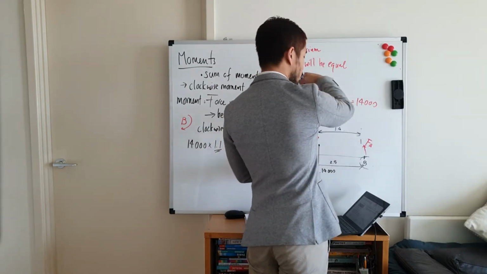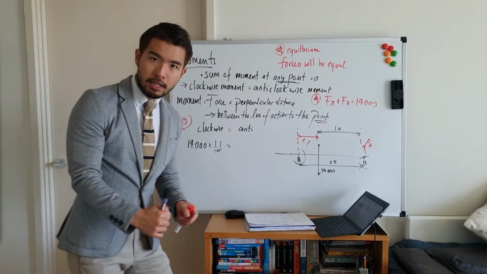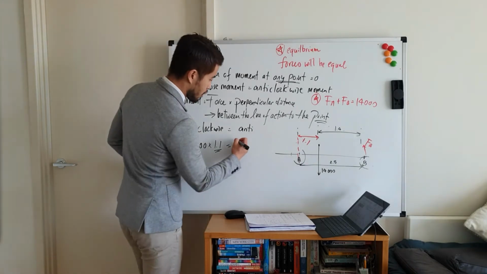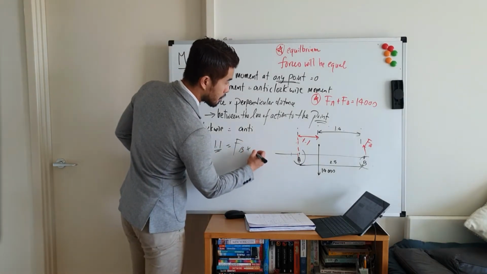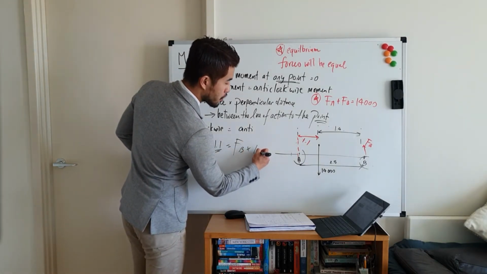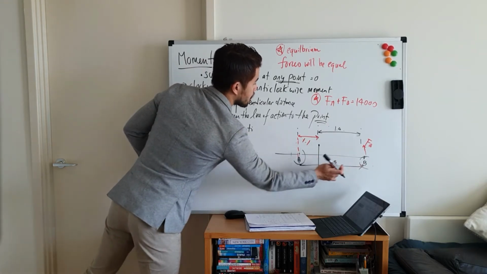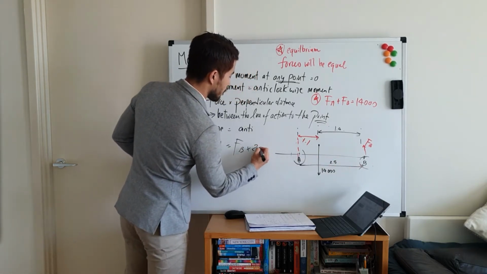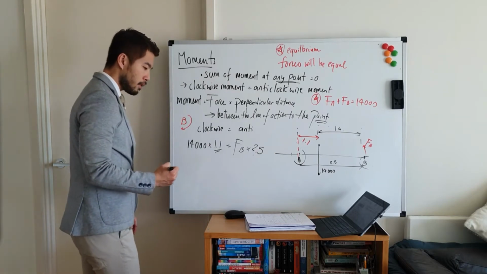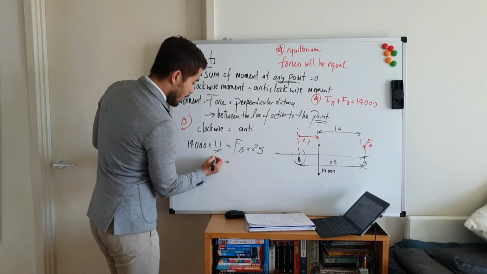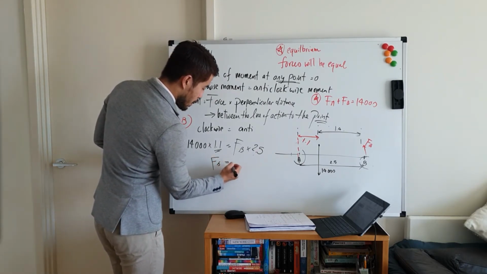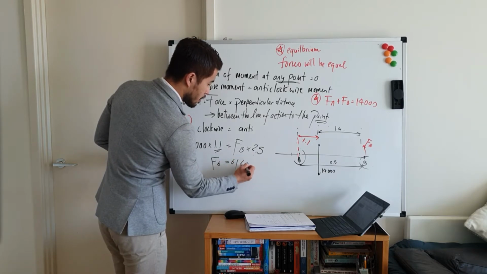Okay, this is against where the clock turns. So this must be an anti-clockwise moment. So it's Fb times 1 point, oh no, it's from this point to this point, so it's 2.5 instead. Put it down in the calculator, Fb will be equals 6160.